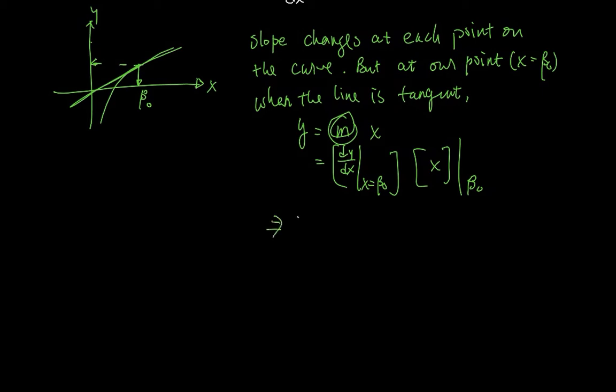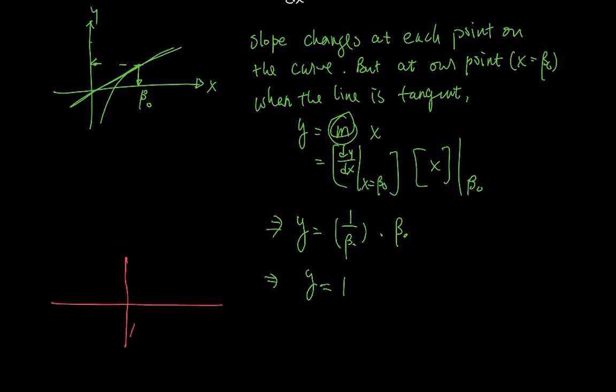And from here, the elegance of the problem shows, because regardless of what that beta 0 is, for this particular curve and particular tangent line, I do not need to know, because y is equal to 1. Now once you get there, hopefully you get a smile, because if y equals 1, this point is shared by both line and curve.